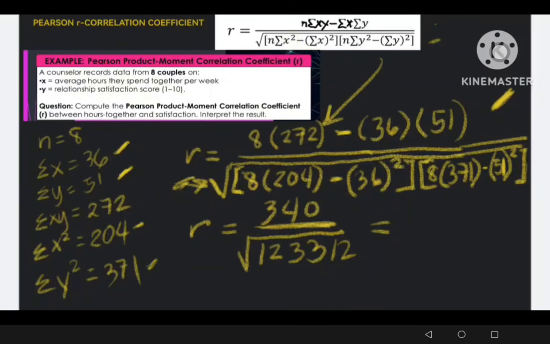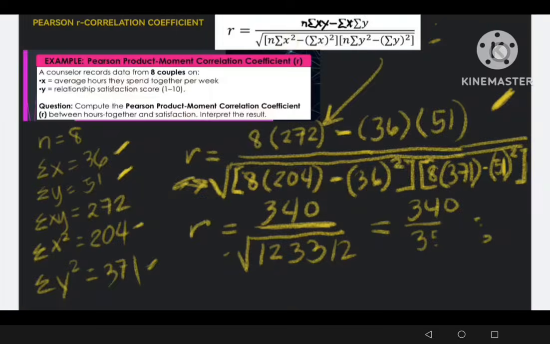If your scientific calculator has the bar, that works. Otherwise, calculate the square root of 123312 separately, since a basic calculator might change the answer. The result of the square root of 123312 is 351.16. Okay? So it is easy to divide: 340 divided by 351.16.